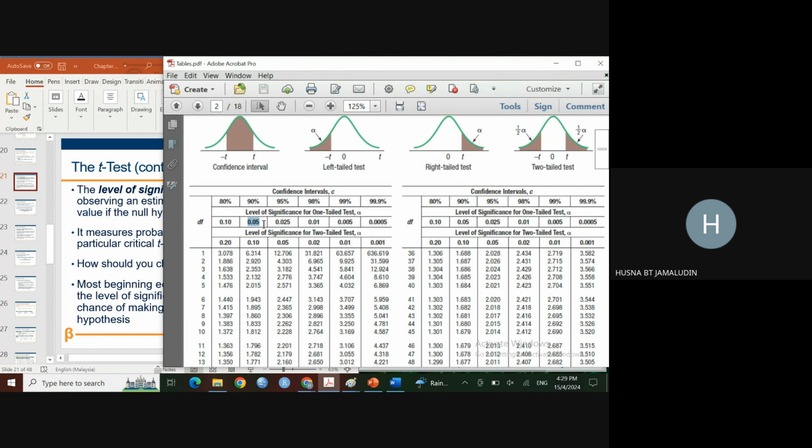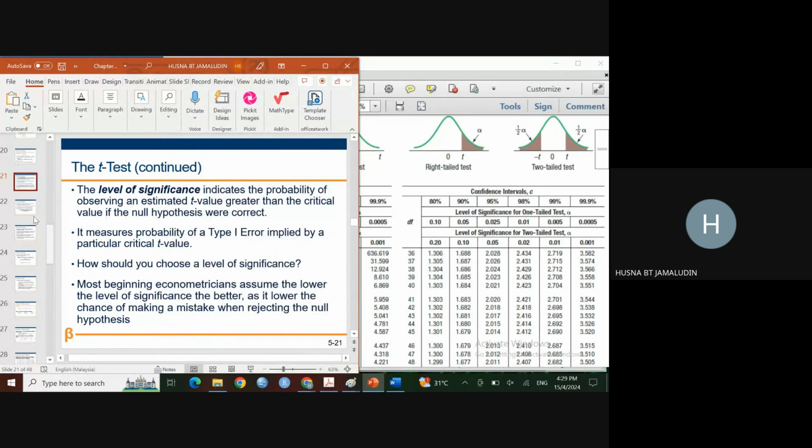So 5% means that you are 95% confident. But if you are talking about 10%, you are 90% confident. But if you are so sure that your results are correct, you may want to use 0.01 or 1% alpha. 1% alpha means that you are 99% confident that your result is correct.